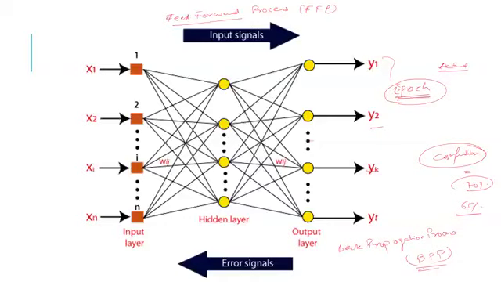So how will it come up with the optimal weights? It will find the point at which the cost function is the minimum, right? So that is known as the global minimum point. It will go and search for that global minimum point at which the cost function is the minimum, and those will be the optimal weights.